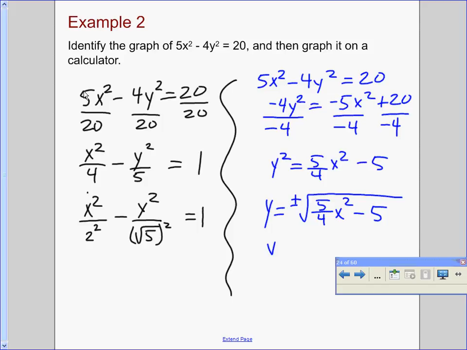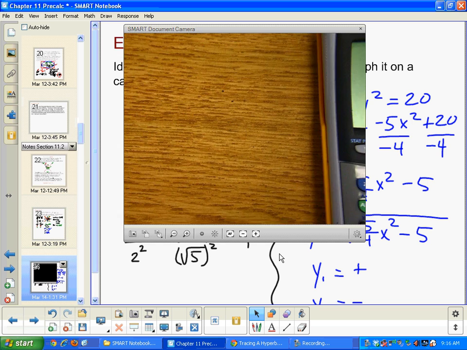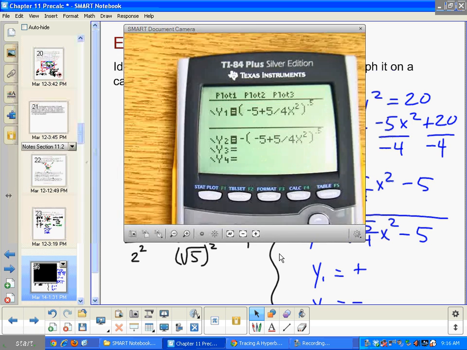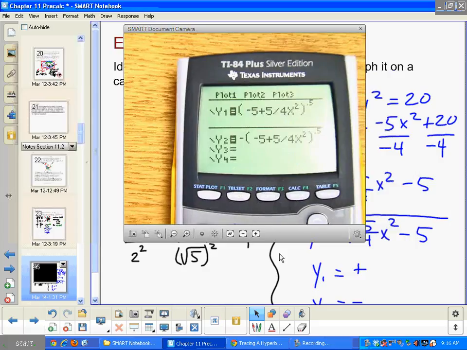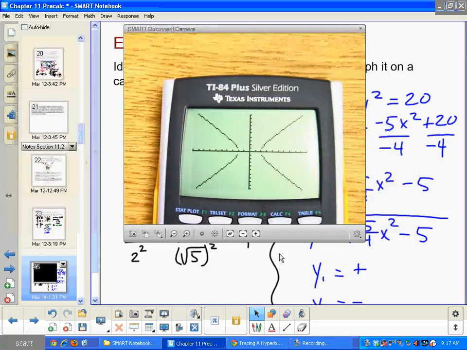Now, just like last time, I'm going to need to use y1 for the positive version of this and y2 for the negative version of this. Otherwise, I only get half of my graph of this hyperbola. So here you can say I have both of those entered into my calculator, and I'm going to go ahead and graph those.